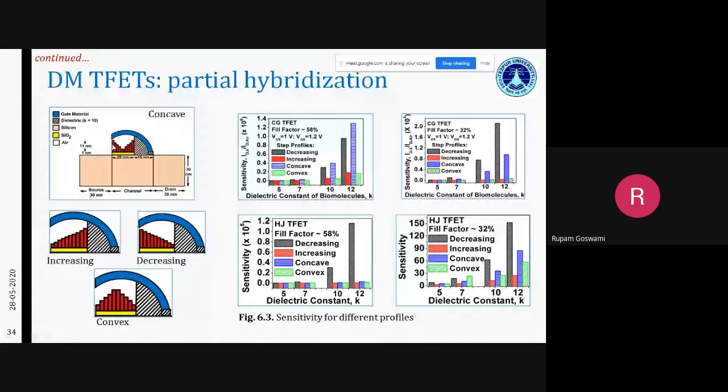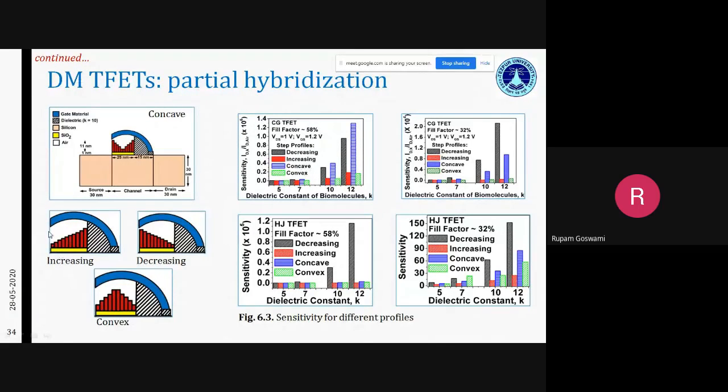If you compare this concave profile and the decreasing profile, you will find near the tunnel junction a higher width or thickness of the biomolecule step, as a result of which you can induce more gate control near the tunnel junction. So you will get higher drain current for this particular dielectric constant. So you see the top rising bars here for decreasing and concave profiles.